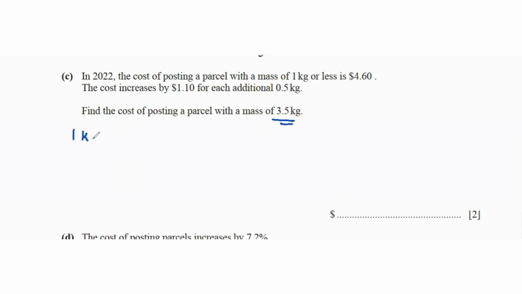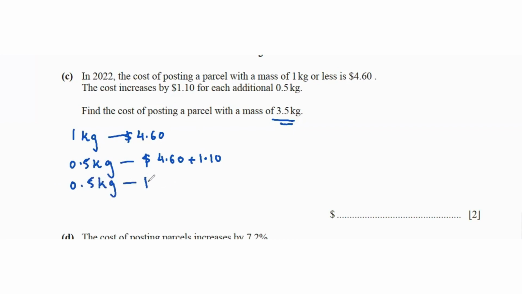So for 1 kg, it's $4.60. Now for each additional 0.5 kg, the cost is going to increase by 1.10. So the next 0.5 kg will be 4.60 plus 1.10. Then for the next, it's again going to increase by 1.10.